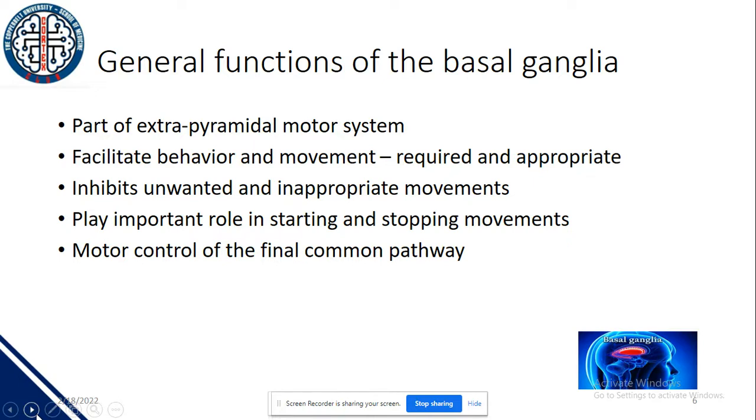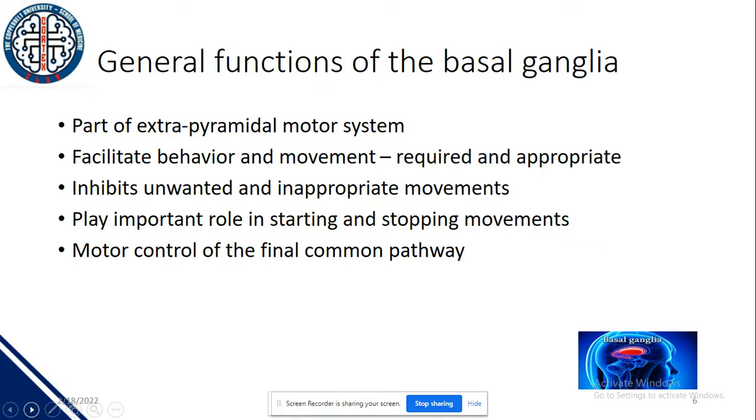So there are two things that are involved: that initial movement of the hand up, and the lowering of the arm down. So this basal ganglia is responsible for initiating such movement and also stopping the movement. We're going to look at the example further later on when we look at Parkinson's disease.